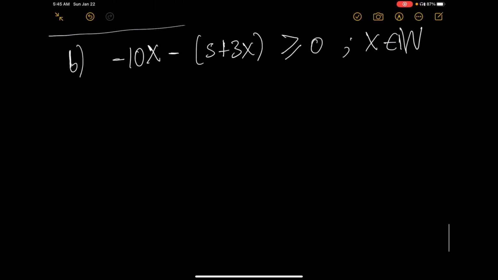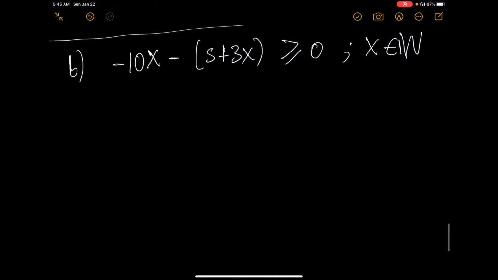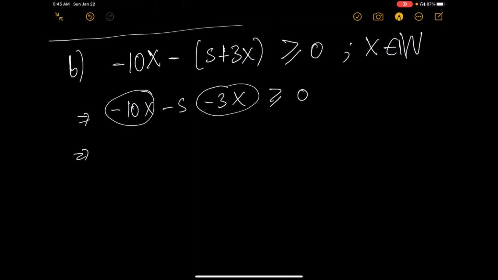Now try part b. The first step is to distribute: negative 10x minus 5 minus 3x is greater than or equal to 0, which implies negative 13x minus 5 is greater than or equal to 0, which implies negative 13x is greater than or equal to 5.